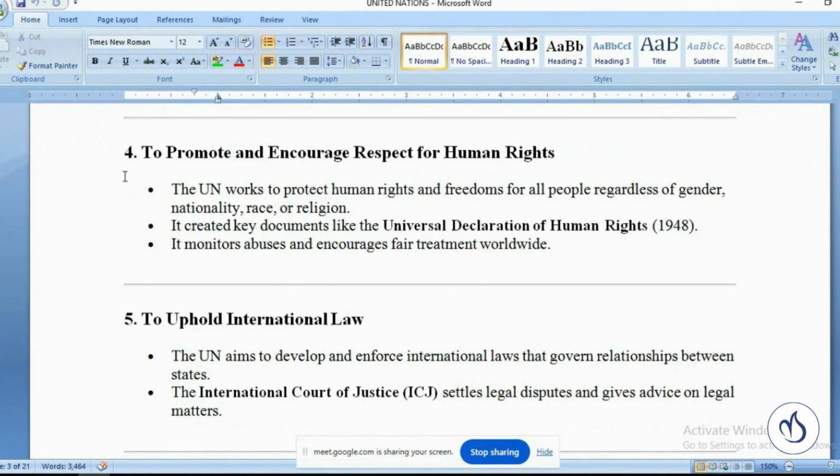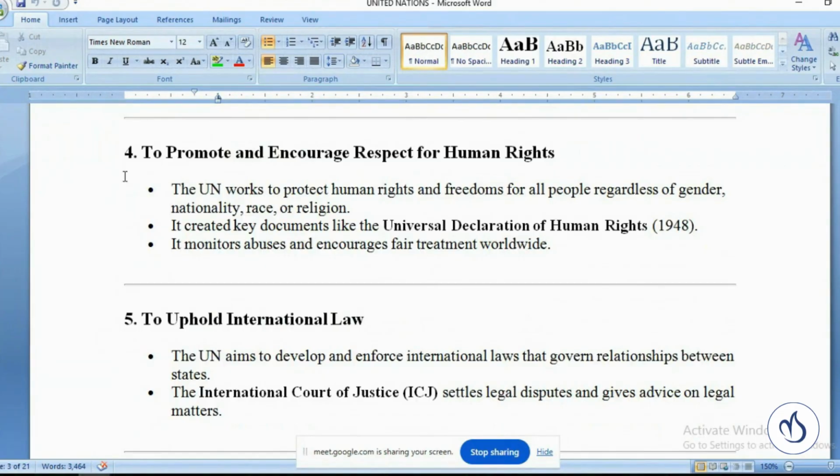Number 4, the UN promotes and encourages respect of human rights. The UN works to respect the human rights and freedoms of all people, regardless of gender, nationality, race, or religion. The UN will always work hard to see that the rights of humans are respected.